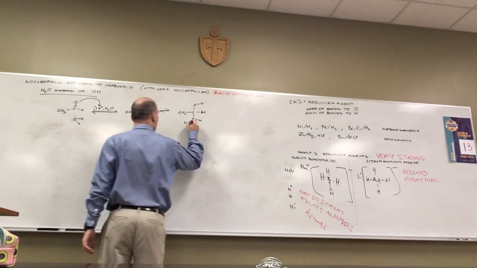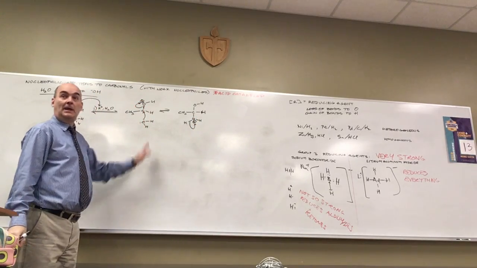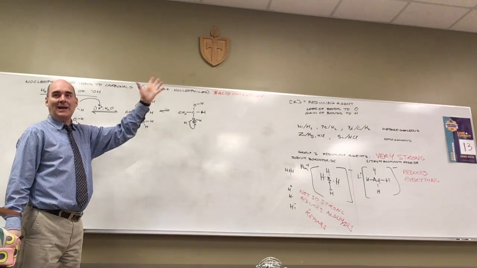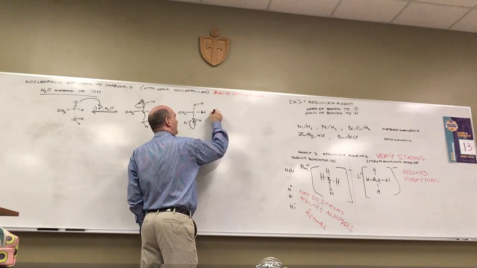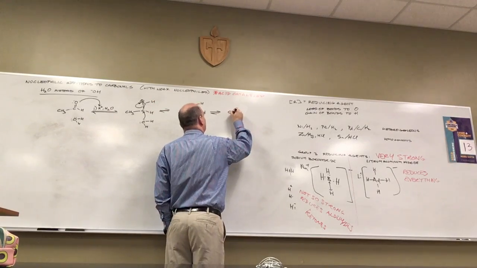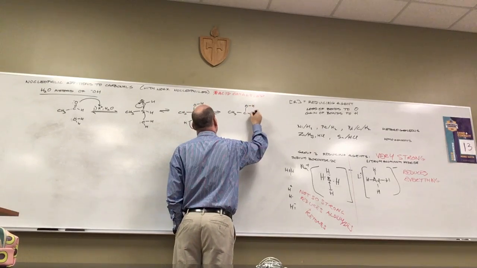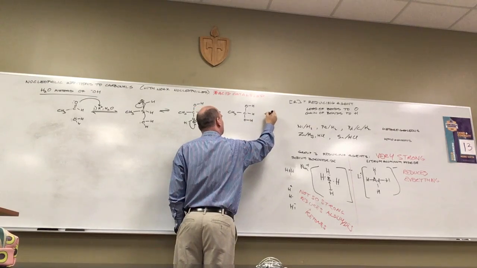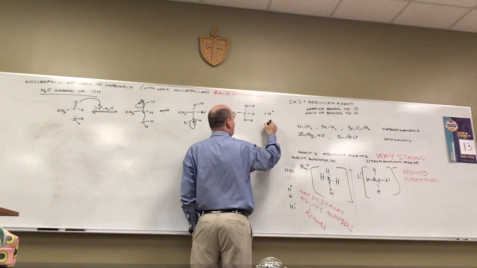And I can get rid of that positive charge just by allowing a proton to float back out of solution, sacrificing the electrons that are in that bond. Oh, and look what I've made. I've made a hemiacetal.